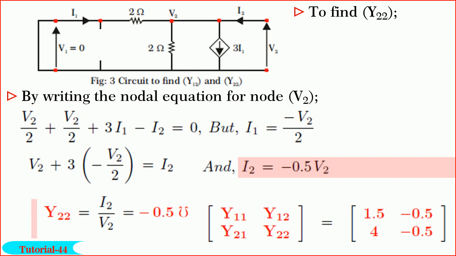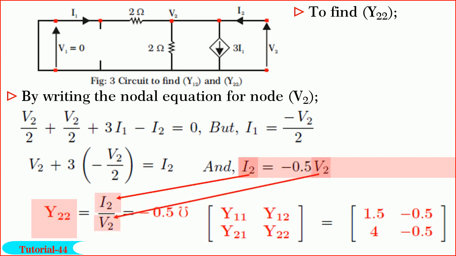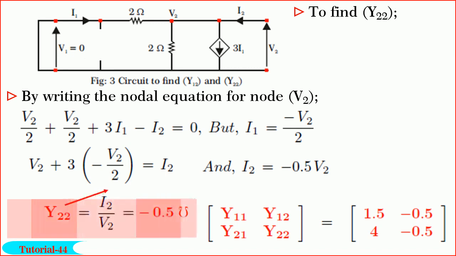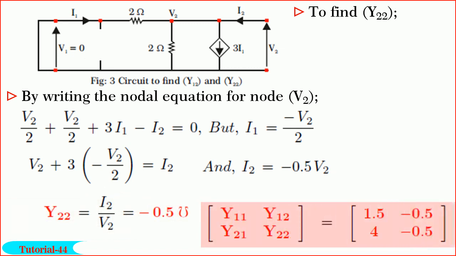Therefore, Y22 is equal to I2 divided by V2, and by substituting we get Y22 is equal to minus 0.5 mho. Hence, Y parameters obtained are represented in determinant form as shown. Is it not simple, friends?